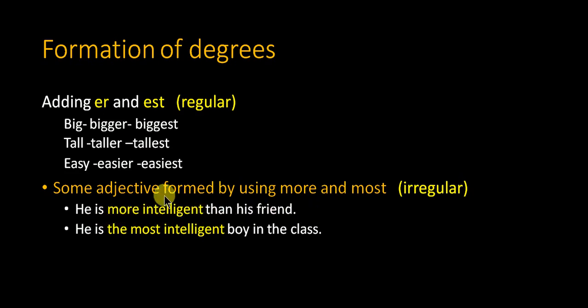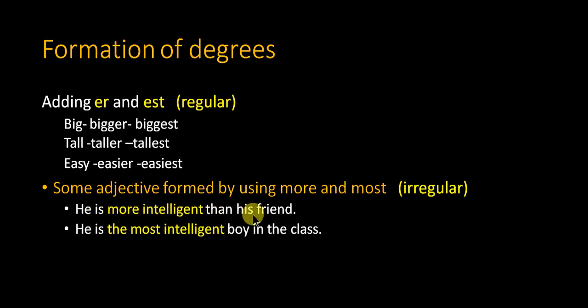You see, intelligent is the first degree, positive degree, and more intelligent is comparative degree, second degree, and the most intelligent is the superlative degree. Understand? Or you can say simply third degree.